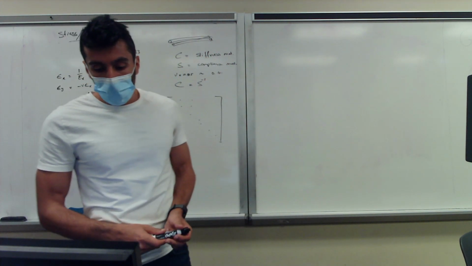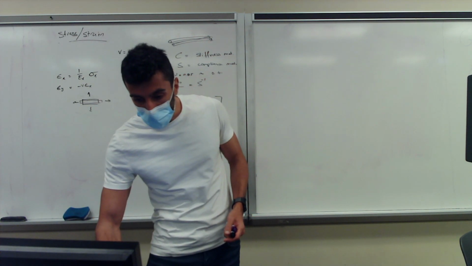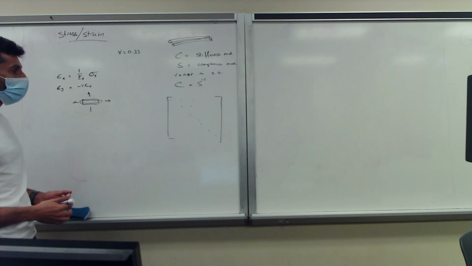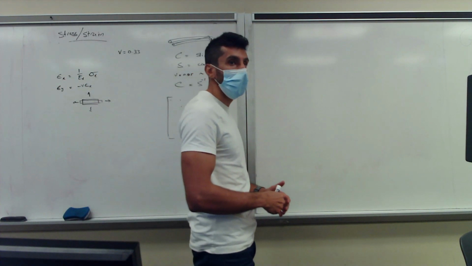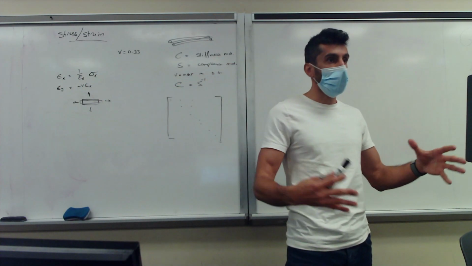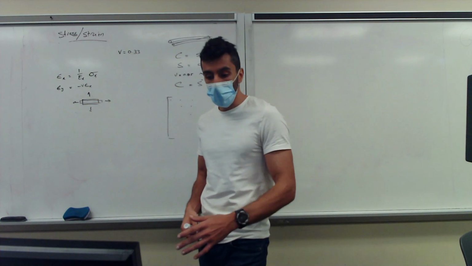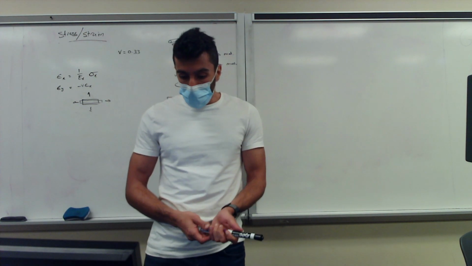In this case, the alpha delta T is here just to have it complete. That's the expansion due to a thermal effect. If you put some material in a chamber and heat it, it will expand. That expansion is equal in all directions. And alpha is known as the coefficient of thermal expansion.